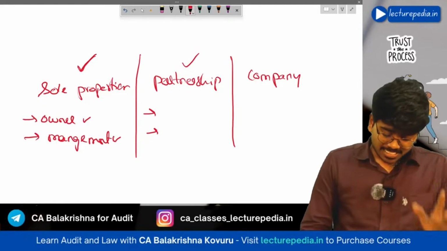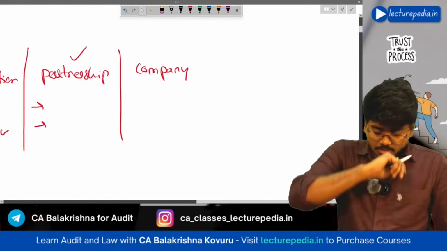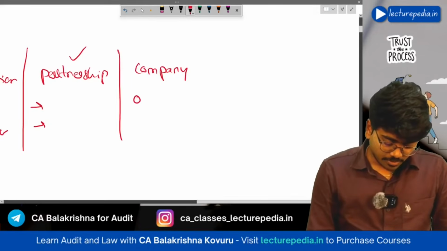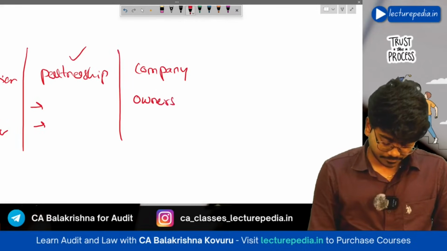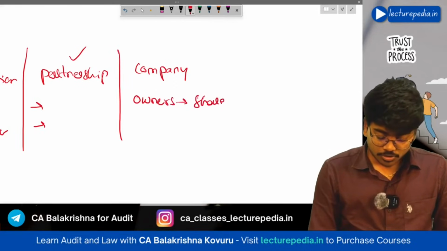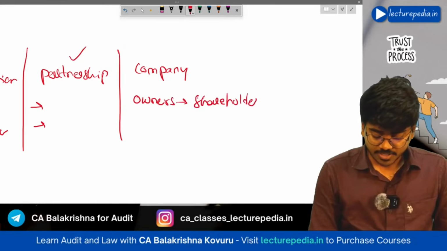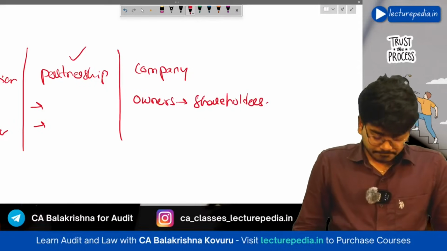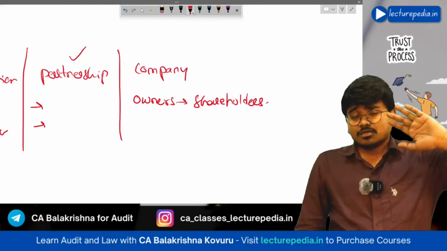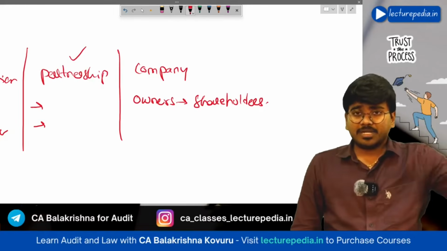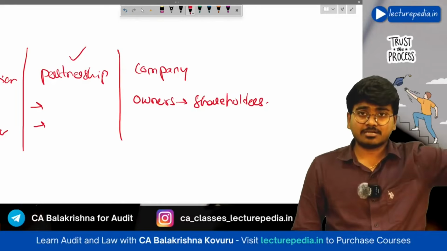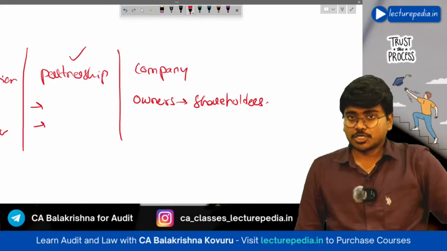Whereas coming to the company, in case of a company, owners will be shareholders. Shareholders will invest their money in the company, and if you take public companies, there will be thousands of shareholders. If you take listed companies, there will be many shareholders.